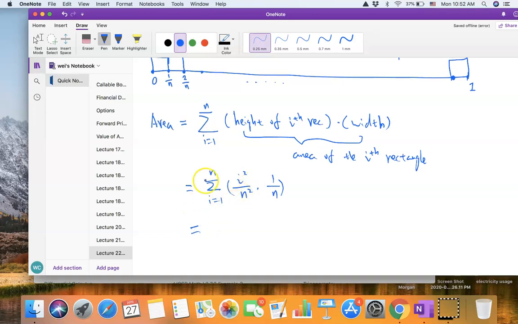So remember, this is only the approximation of the area of the bounded region by using n rectangles.